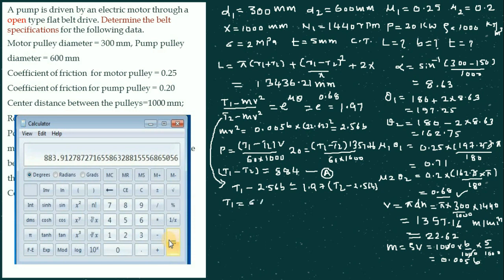T1 is tension, which is equal to stress into area. Here 2 megapascal is given, which is equivalent to Newton per mm square.